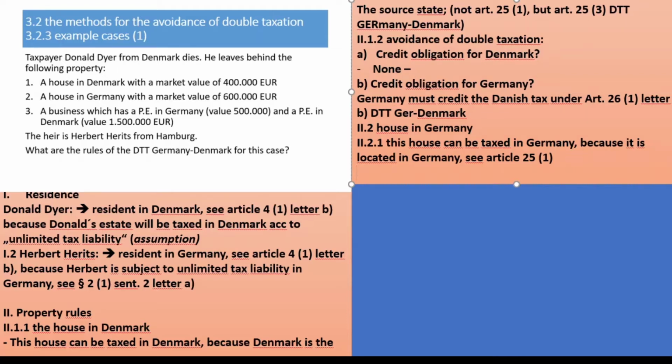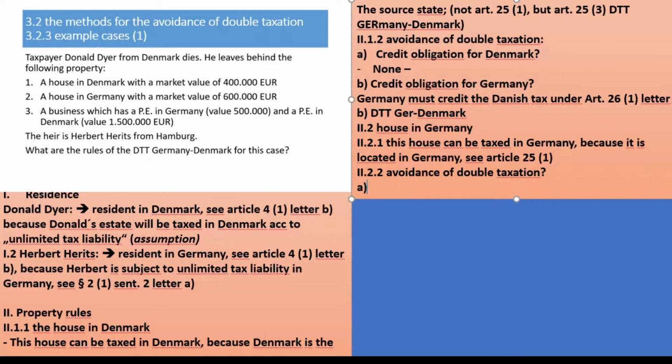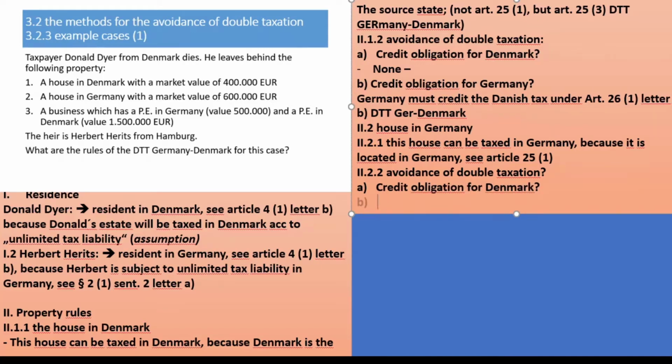So let us think about now the credit obligations, so avoidance of double taxation. Do we have a credit obligation for Denmark? And the answer is, well, Germany is the source state, Denmark is the second in line and has to credit.